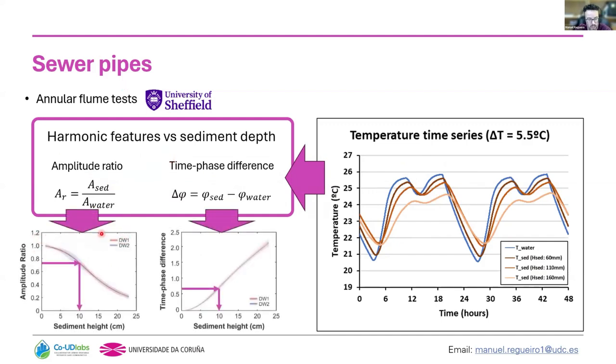For that, we previously simulated a lot of scenarios with different sediment characteristics as well. So if we compare the amplitude ratios or the time phase differences, we can easily get the sediment depth or sediment height.